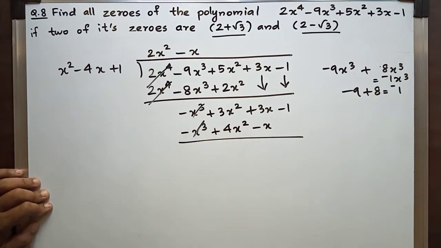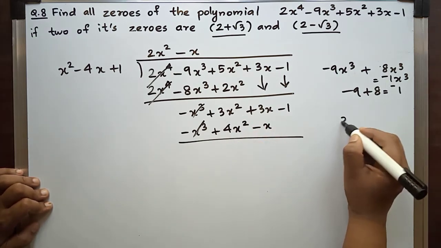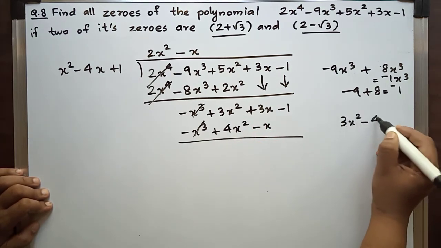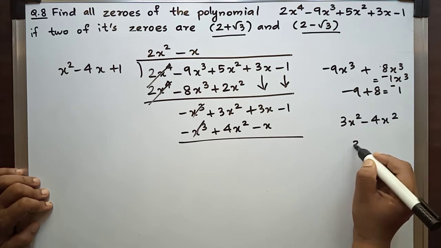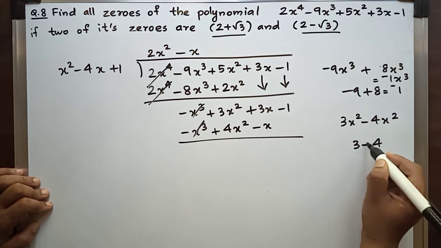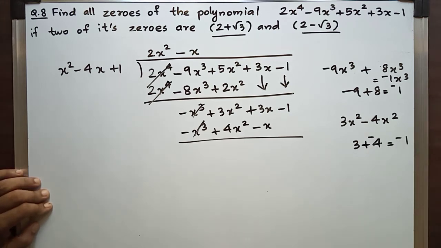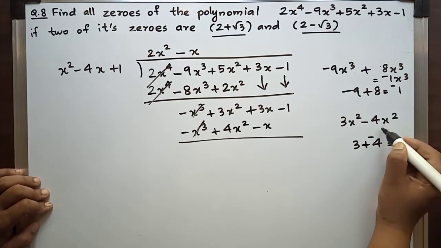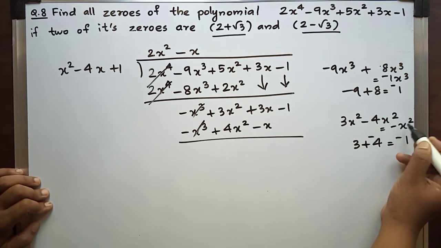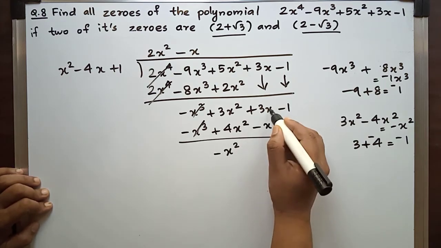These two terms will get cancelled. 3x square minus 4x square. What is 3 minus 4? It can be considered as 3 plus minus 4, that is minus 1. So this is minus x square. Got it? So here I have to write minus x square.